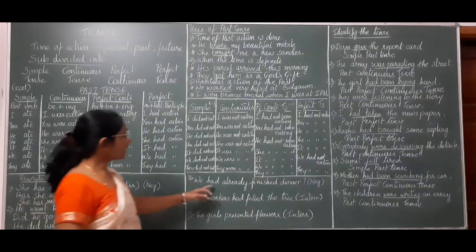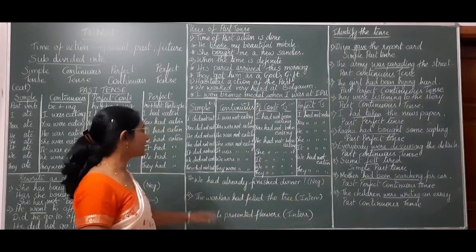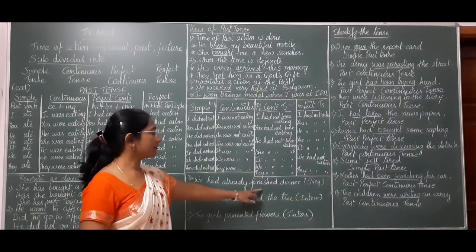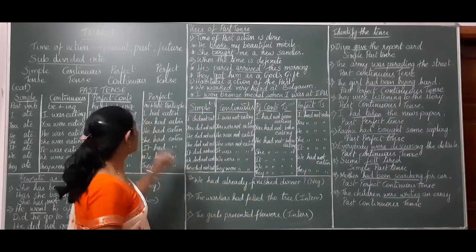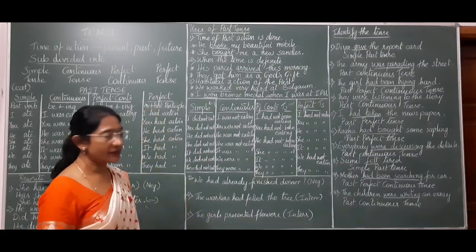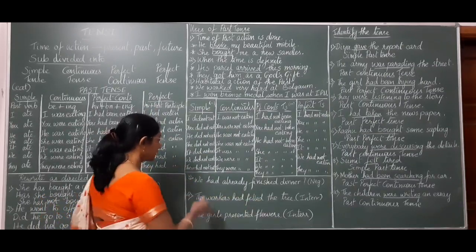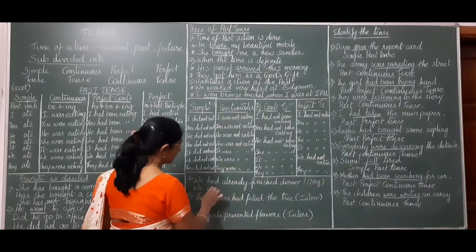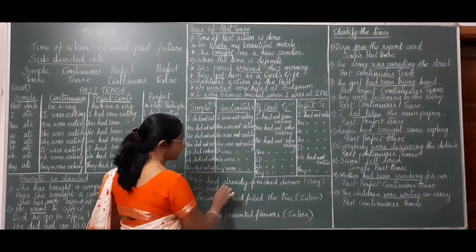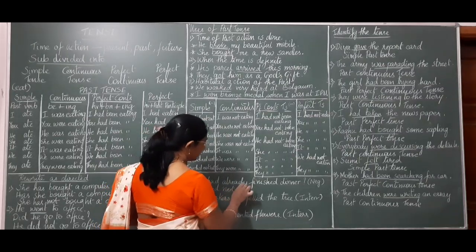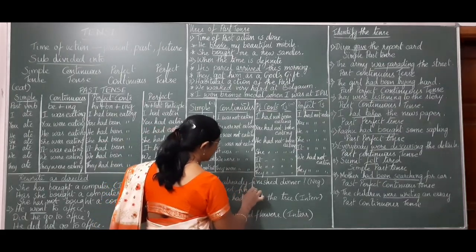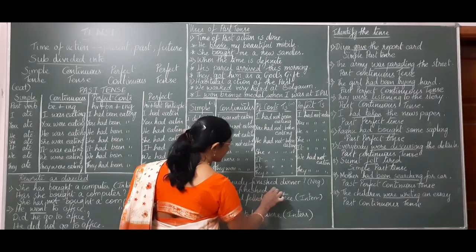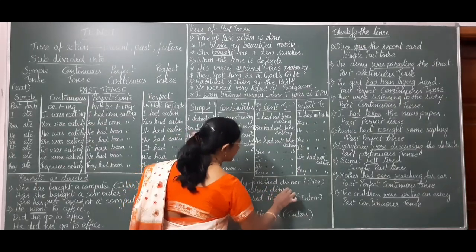Next one. We had already finished dinner. Had already finished dinner is in the past perfect tense. We take its negative. We had not finished dinner.